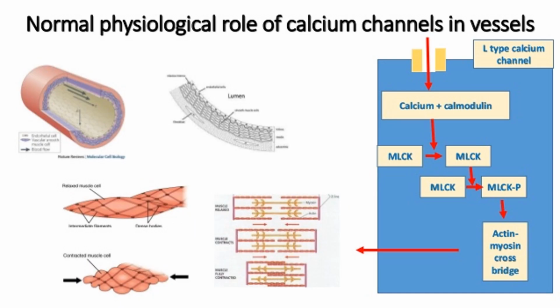In this figure you can see the normal role of the calcium channels. This you have seen previously as well. Because of the entry of the calcium, we have this phosphorylation and we have actin-myosin cross-bridge, and here you can see this is the contracted state of the vessel, and this is also the contracted smooth muscle. This is relaxed, this is contracted.